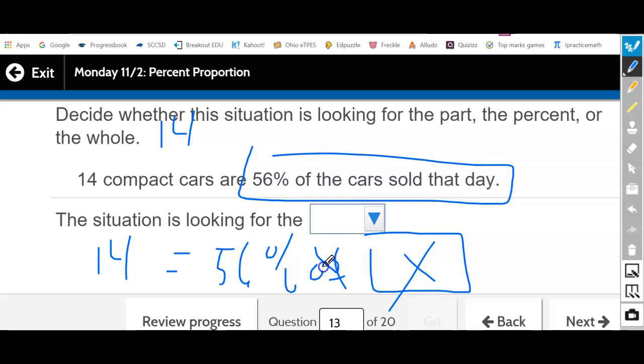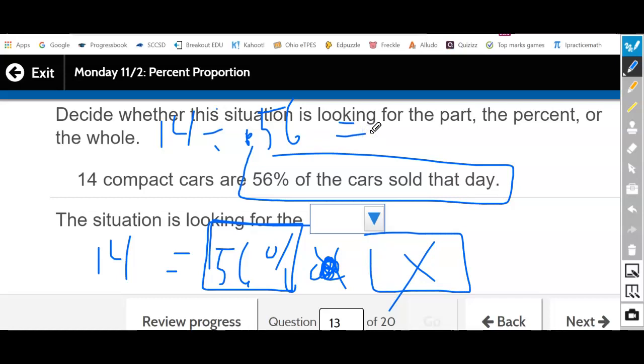Inverse operation of multiplication. So we're going to divide by what? 0.56. We cannot multiply or divide percents. We have to change it to a decimal. So 14 divided by 0.56 is, what'd you get?